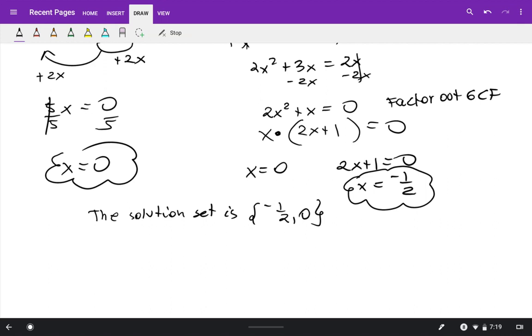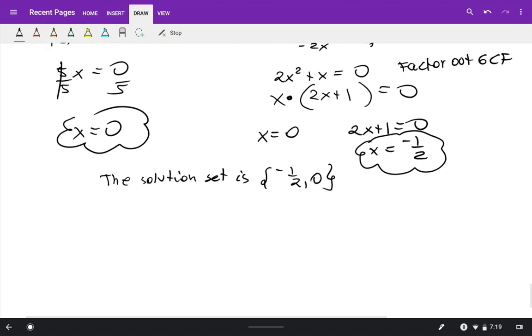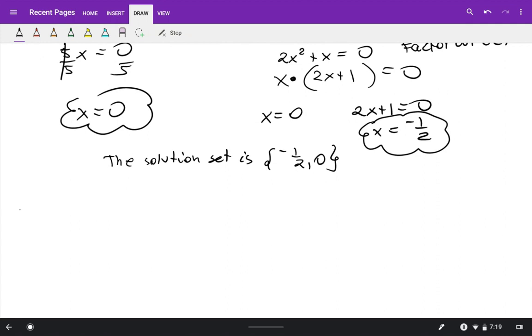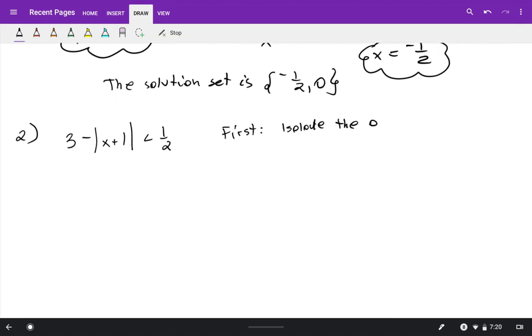Okay, let me see. Maybe this type of inequality. So I have 3 minus absolute value of x plus 1 less than 1/2. Here, before you create two inequalities, remember that you always need to isolate the absolute value, which means on the left side, keep only the absolute value.